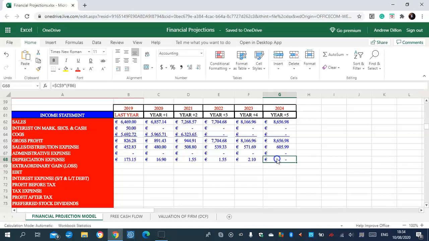Okay, those are the answers for the depreciation expenses. That's very good.